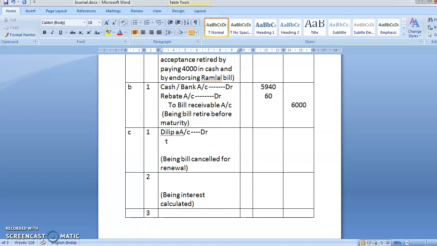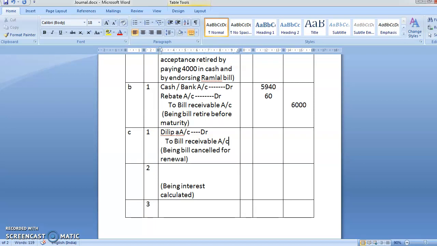First is for cancellation, so to bill receivable account. Yes.